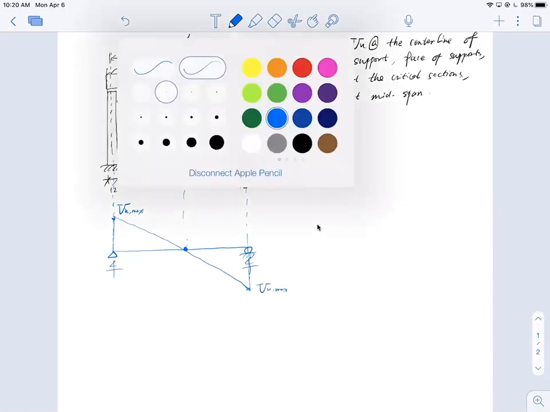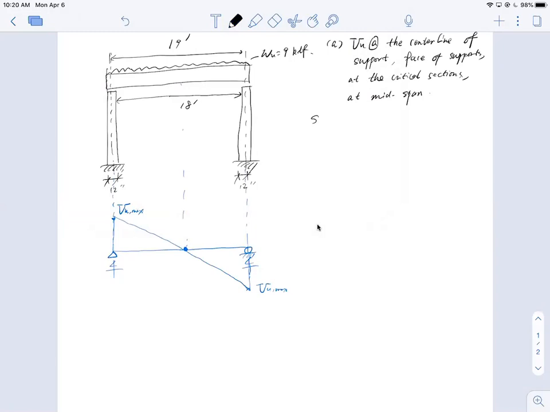All right, so now I have to find my Vu max at the end. So what is Vu max? Vu max, in this case, is omega u L divided by 2. Now you know that omega u is 9 kips per linear foot, and the span length in this case is 19 feet.